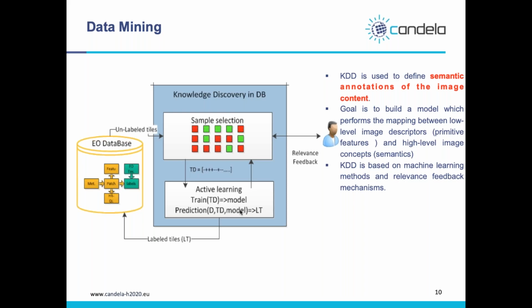The user indicates the samples he's searching, the type of land cover he's searching in his application, also indicating negative examples in such a way to better separate the classes. The system responds and shows the user what the system understood. And after, let's say, 5 to 7 iterations, the system is learning and presenting the classes which have been extracted.